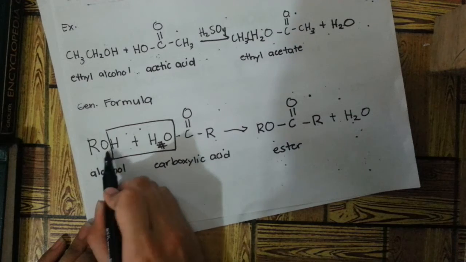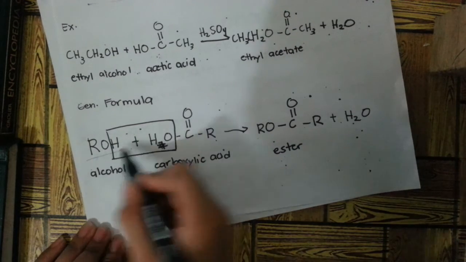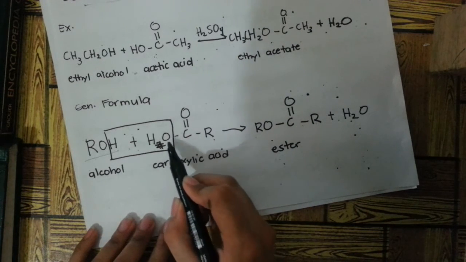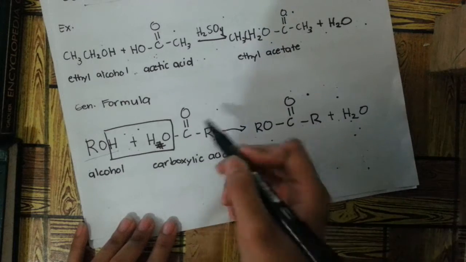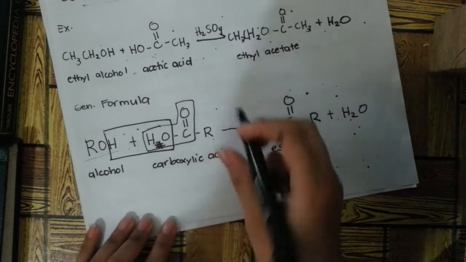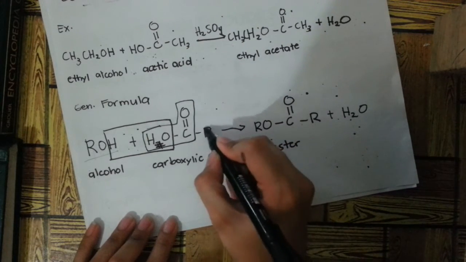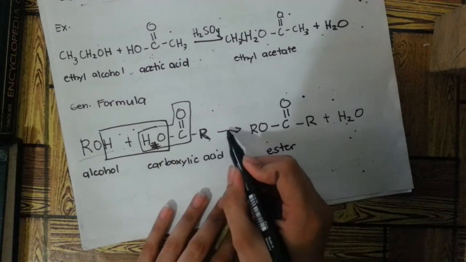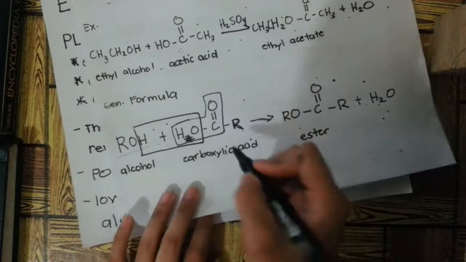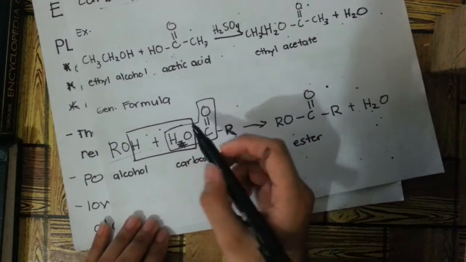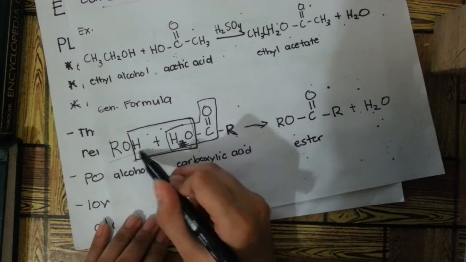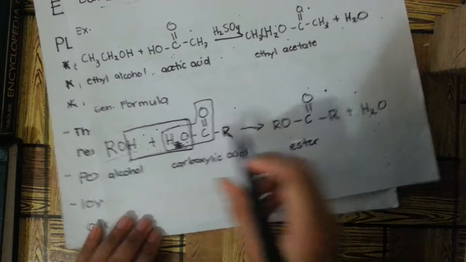I have written here the general formula for this specific reaction, which is a functional group connected to an oxygen and a hydrogen, an alcohol, plus an H and an oxygen connected to a carbon, which is double bonded with an oxygen. This is known as the carboxyl group, and it is also connected to a functional carbon group. It creates a product of an ester. As you have seen earlier, I have already boxed this particular part of the formula, since H plus HO creates water.